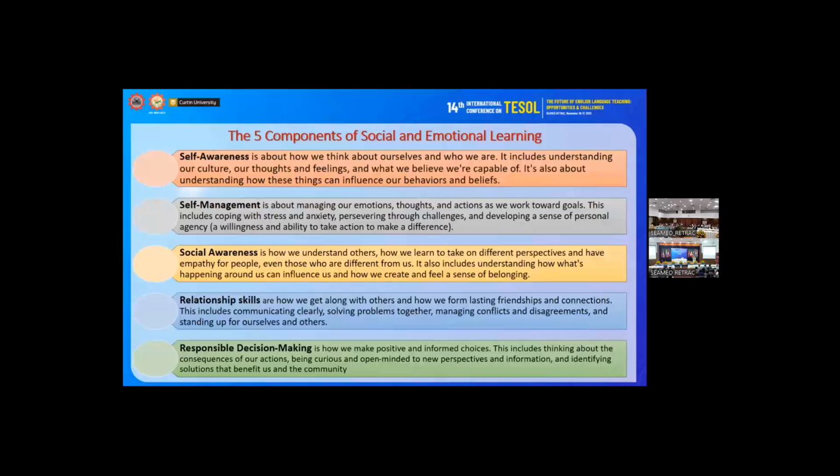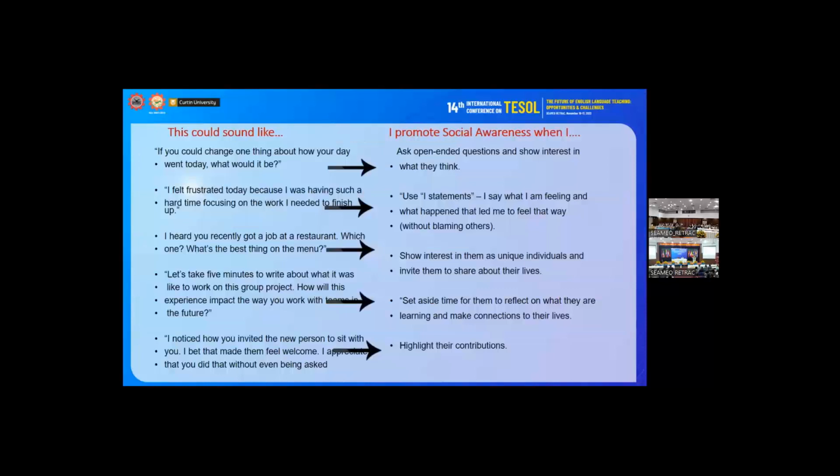And I want to show you just one example from the introductory test that I took to get my certificate, where they showed you how to promote these qualities. For example, I promote social awareness when I ask open-ended questions and show interest in what my students think.